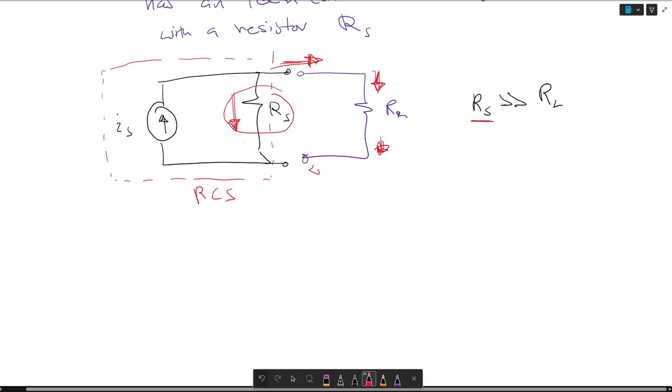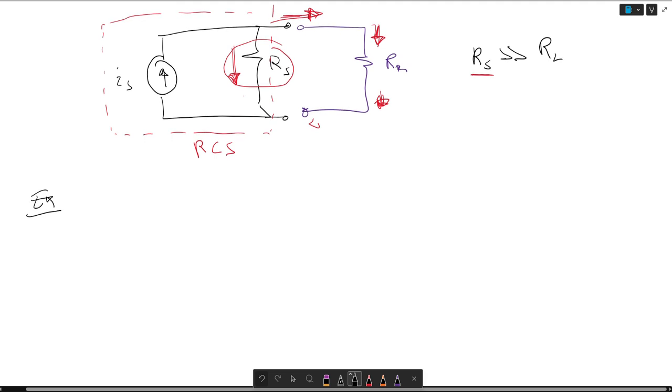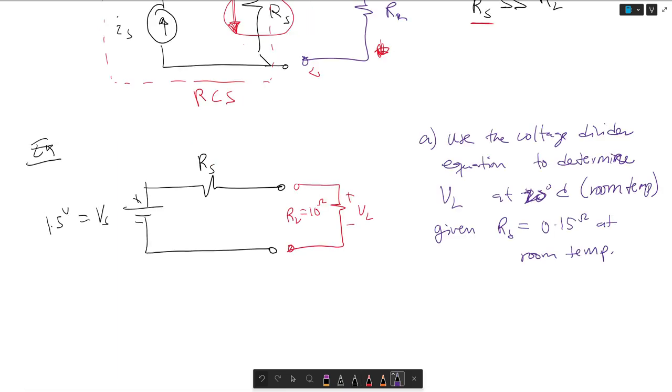And now we'll dive into another example where, again, I will edit this out and you'll see the example on the screen. This is what the problem looks like. We have a schematic like this, and they're asking us to use the voltage divider equation, which we will derive in chapter 2.